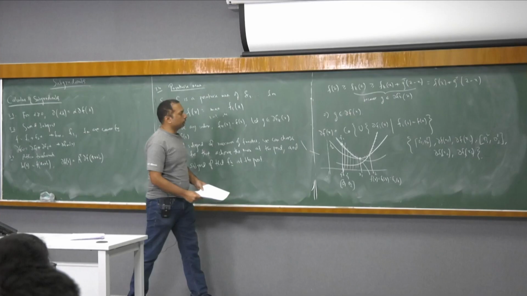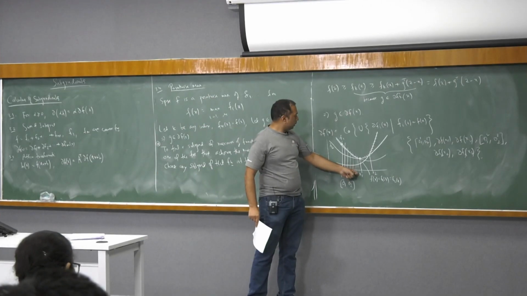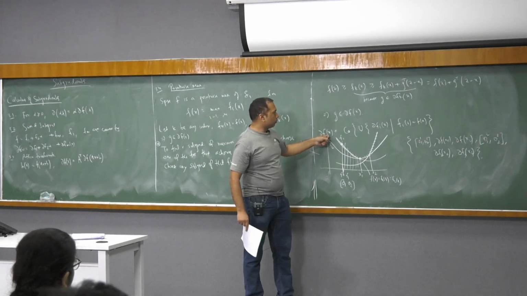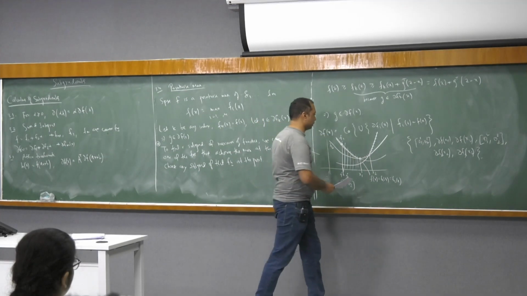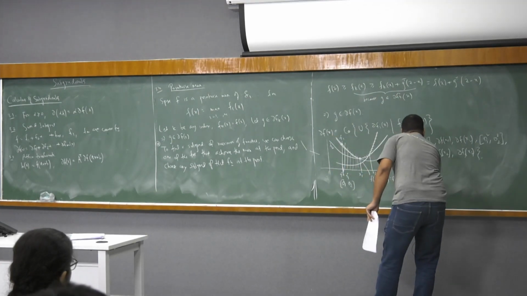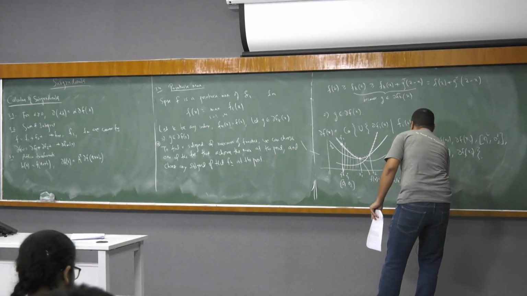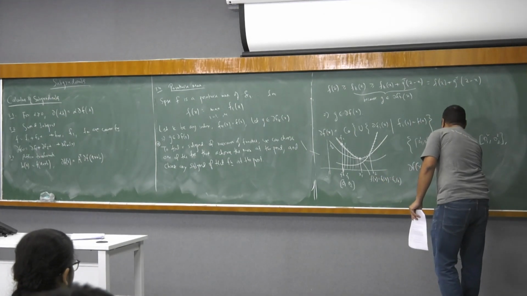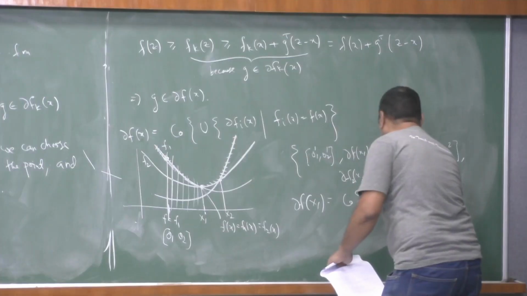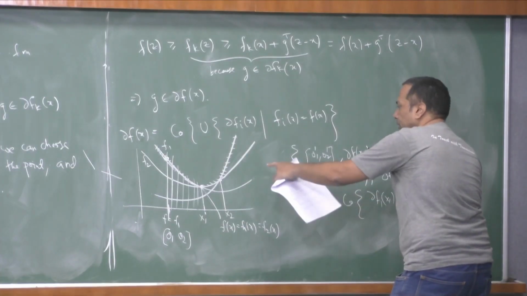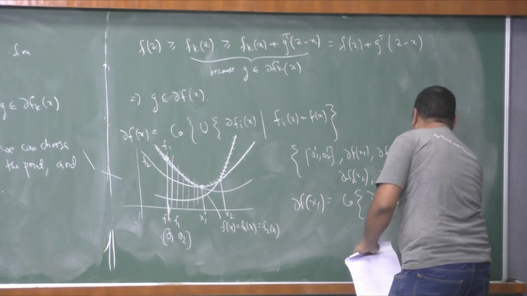Here you are supposed to take x1. At x1 you are supposed to take a convex hull. Okay, so let us do this specifically. Let us say my x is x1. Then this is the convex hull of del f, picked by f1 at x1, and del f, another one, is f2 at x1.